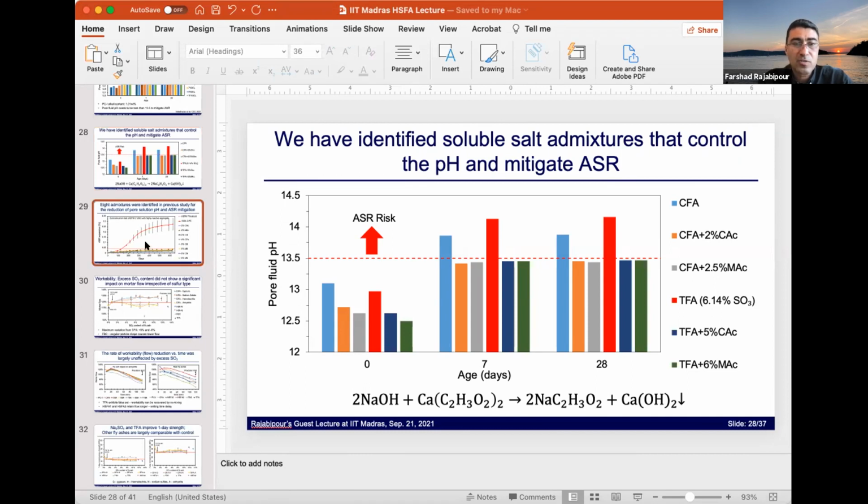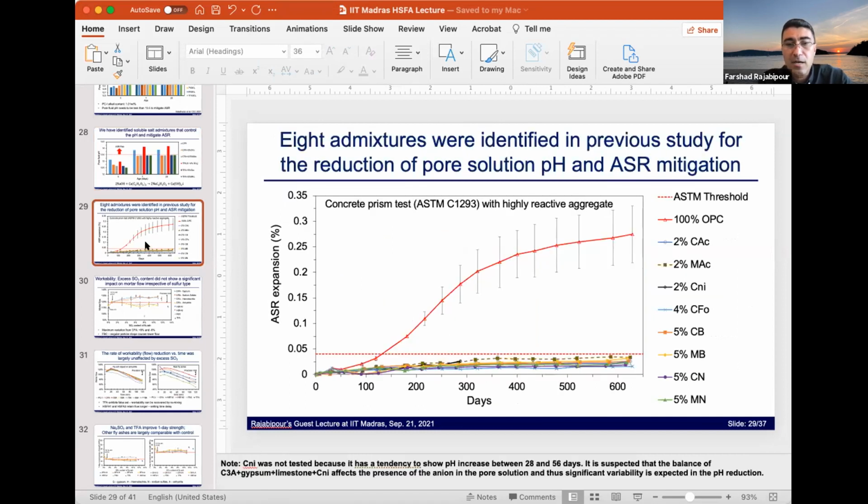These are listed here. And Gopal, as part of his PhD, has done a lot of work on how these salts would impact other attributes of performance of concrete, from fresh properties to strength to other forms of durability. These are in his dissertation, and we will be submitting a paper on that soon. Thank you.